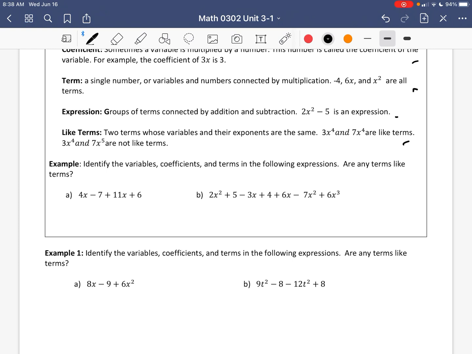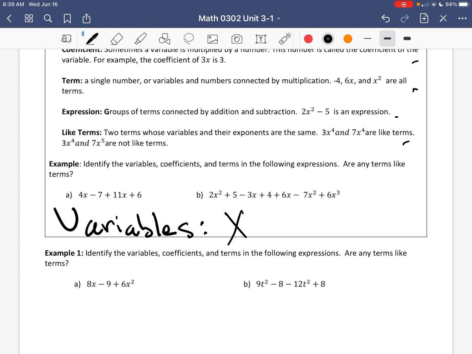The first thing we'll do is identify the variables. The variables here, there's only one, and that's going to be variable x.